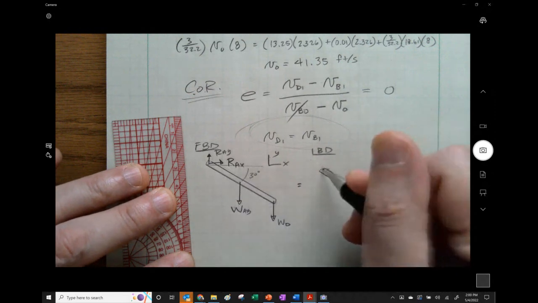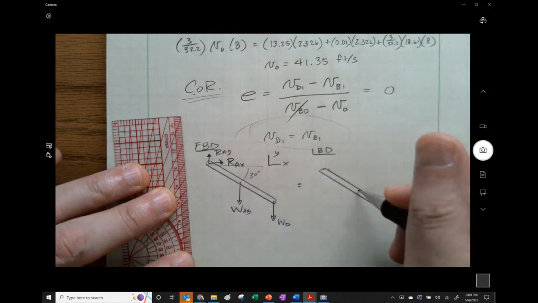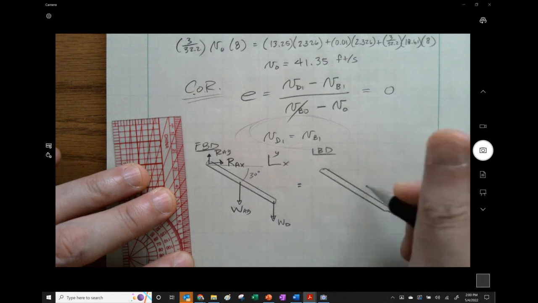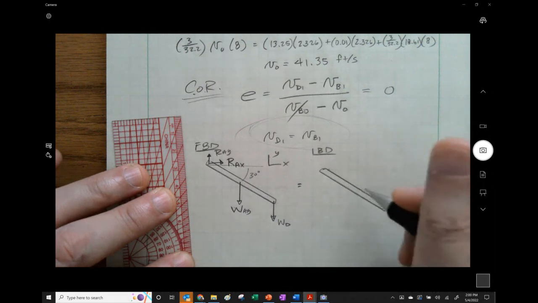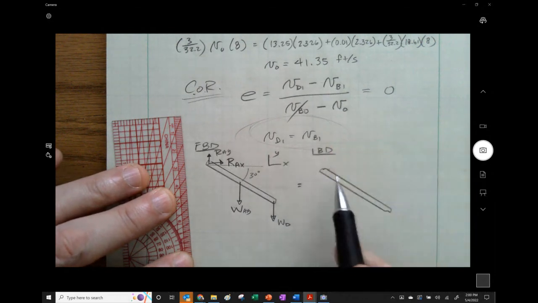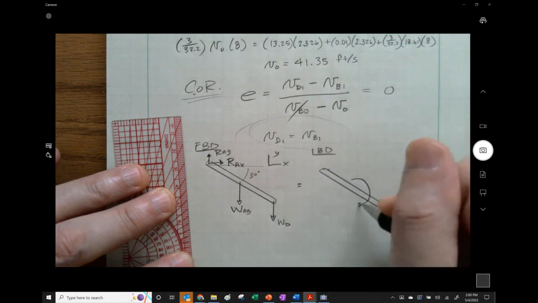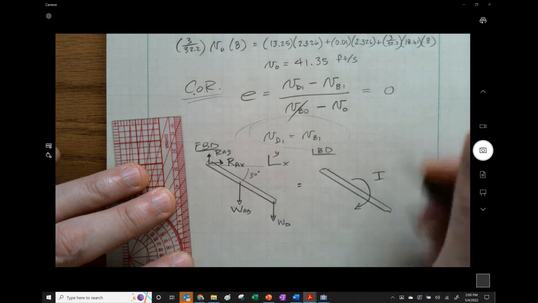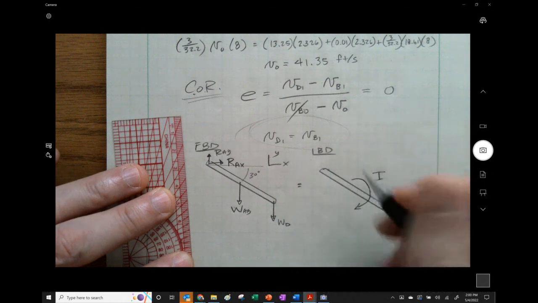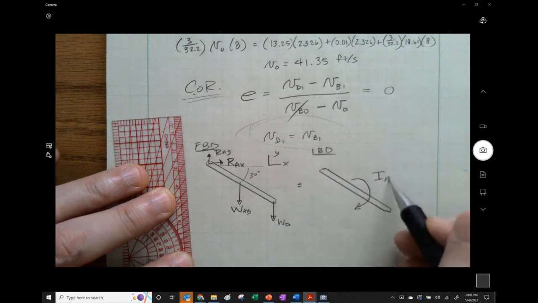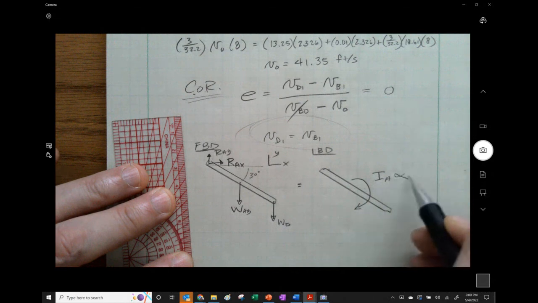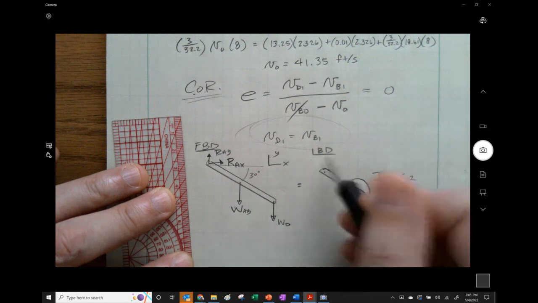Don't think there's any other forces. Over here on this side of the thing, we've paused when we reach the top of this swing, so it's going to start accelerating in this way right here. So we're going to have IA alpha, and we can consider this to be 2 right there, right? So this is actually about this point.